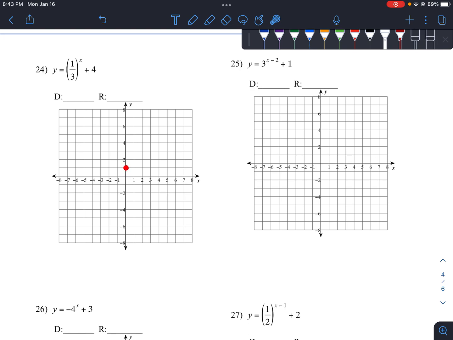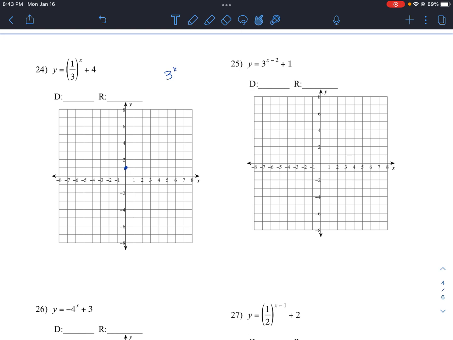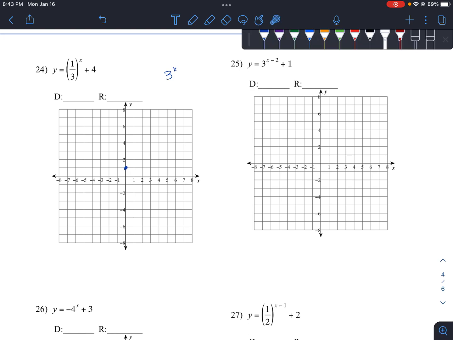Now I know that since this is decreasing, it's probably better if I work this way instead. Now, I know that for 3 to the x power, again, the point would be here at 0, 1. The next point would be at 1, 3, since 3 to the first power is 3.